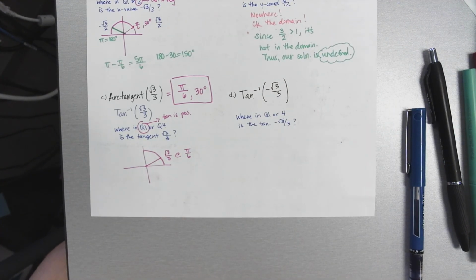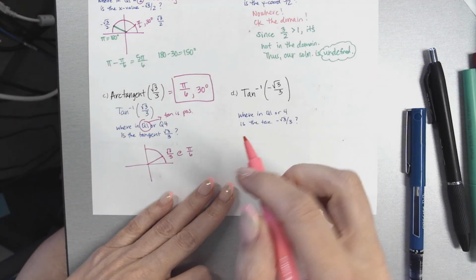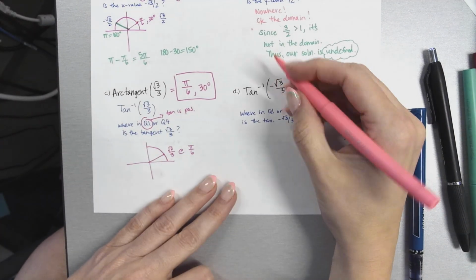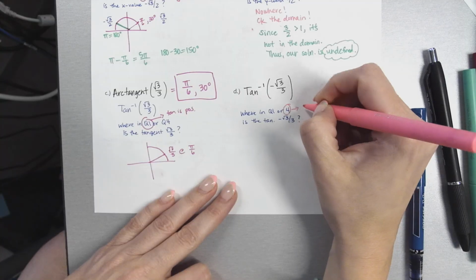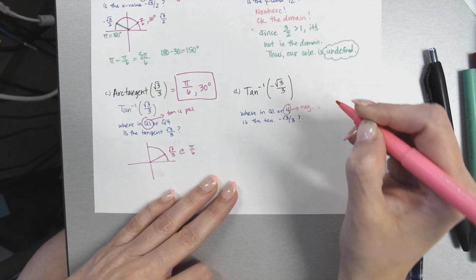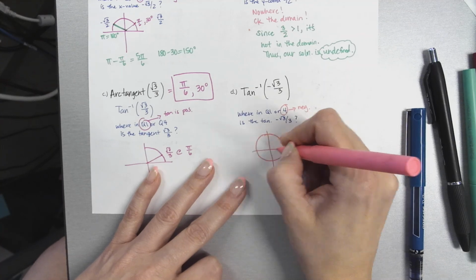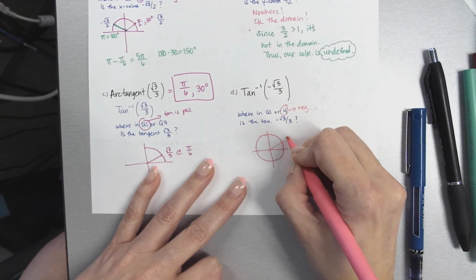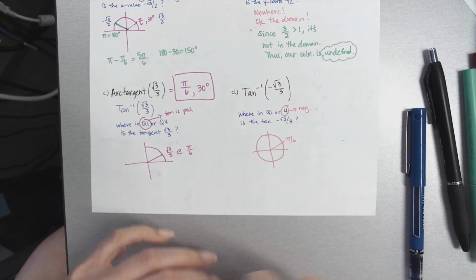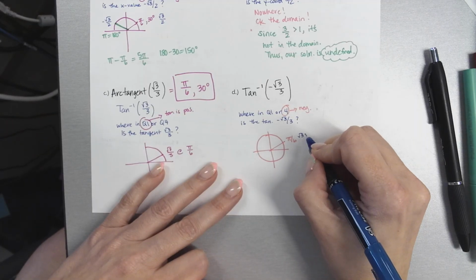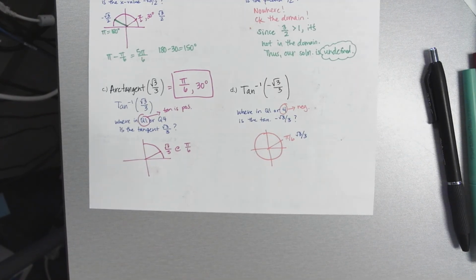So the part I always ask you to think about right away, you should be saying, oh, this one was quadrant 1 because it's positive. So now we know it's quadrant 4 because that's where it's a negative. So, okay, if I know that it's positive here at pi over 6, that's where it's positive root 3 over 3 in quadrant 1, how are we finding where that is in quadrant 4?